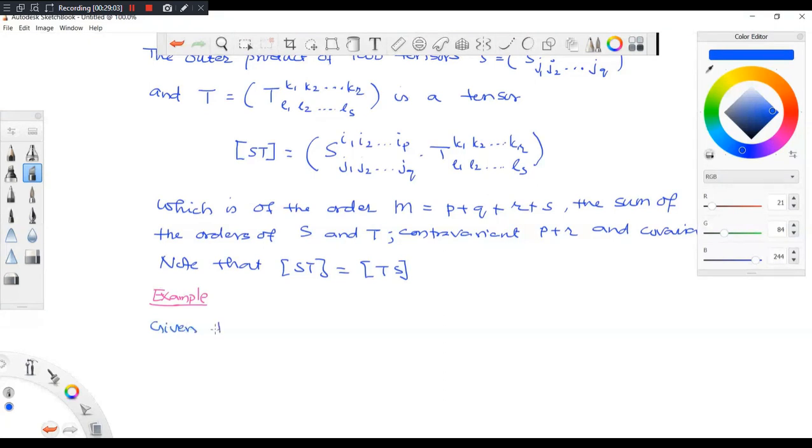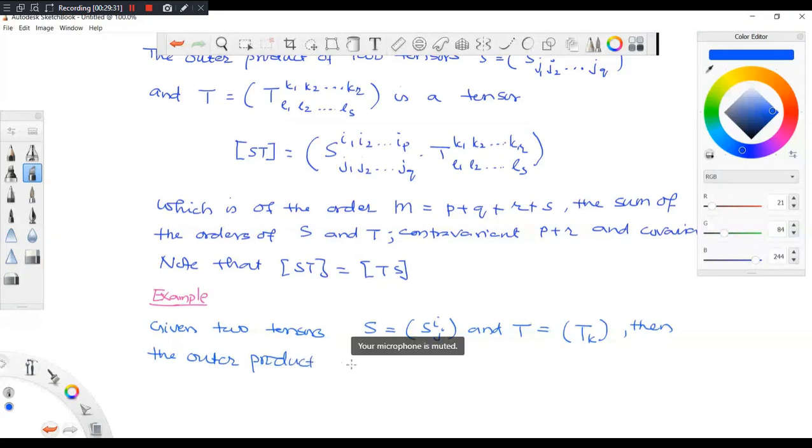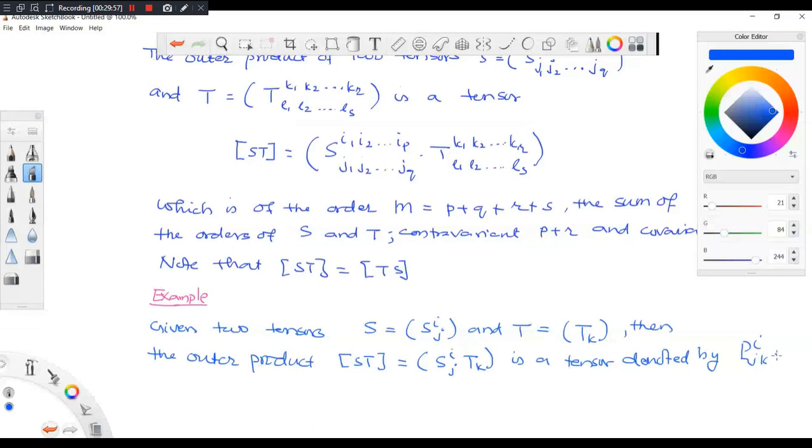Given two tensors S equal to S_ij and T equal to T_k, the outer product ST is S_ij multiplied by T_k, which is a tensor denoted by some P_ij^k.